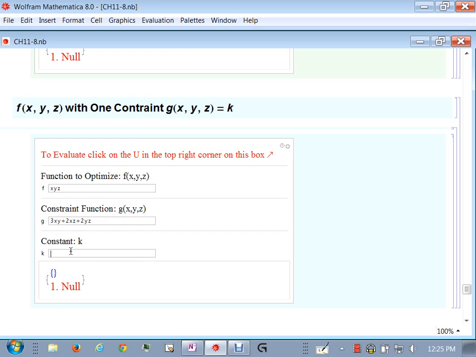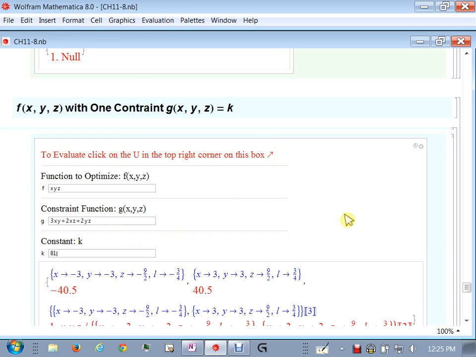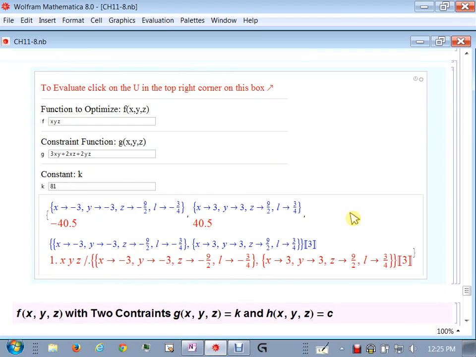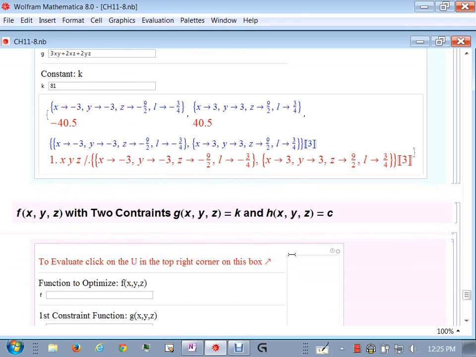Whoa. 81. Yeah, we never found lambda, but it was negative 3/4. So here's the maximum. See, the program doesn't know that x and y can't be negative and z can't be negative, but this is your 81 halves right there. It happens at 3, 3, 9/2. So that just verifies that our algebra was good.